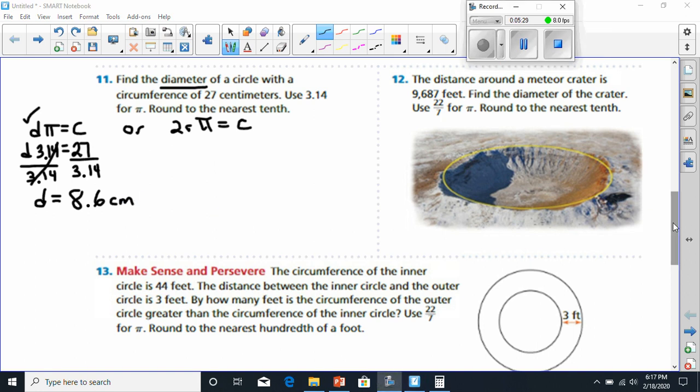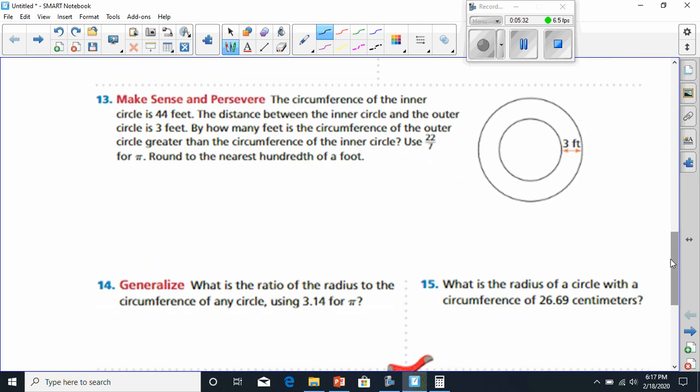Next, we've got number 13. It says the circumference of the inner circle is 44 feet. So the inner circle here, the distance all the way around it, is 44 feet. The distance from the inner circle to the outer circle is 3 feet.